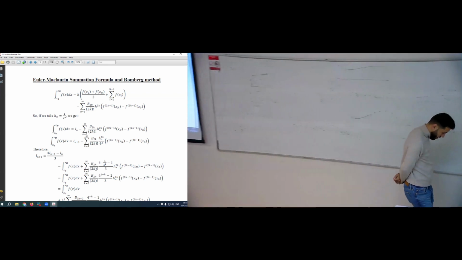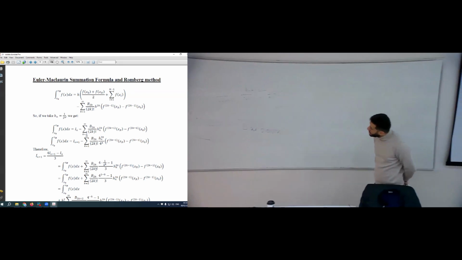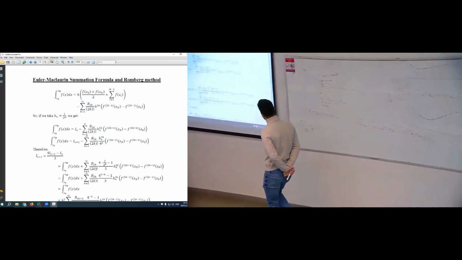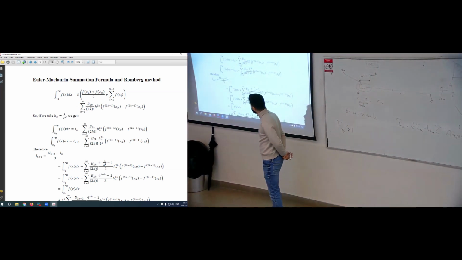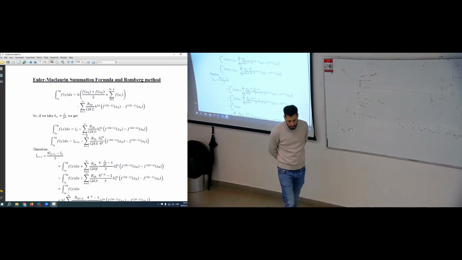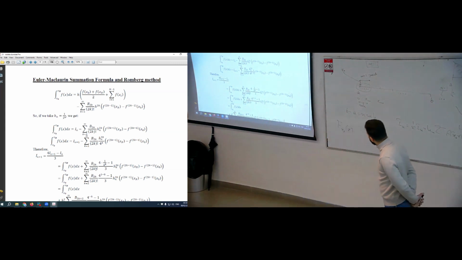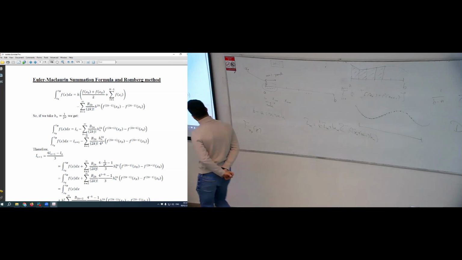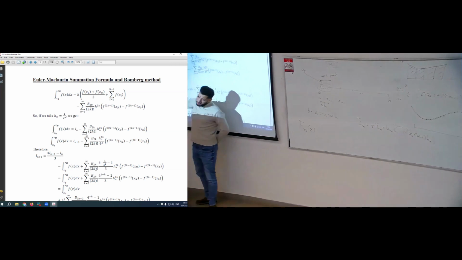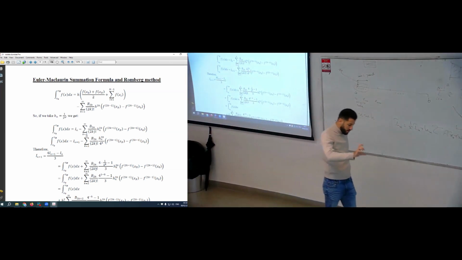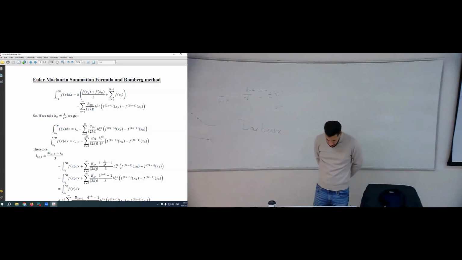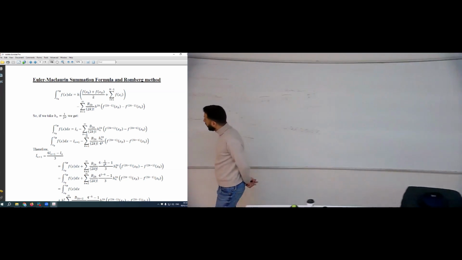It's important to know that this infinite sum is an asymptotic expansion. So for every h, there is some point where it is good for us to stop, because the error after that will be larger and larger.